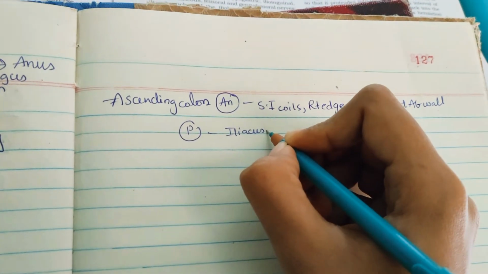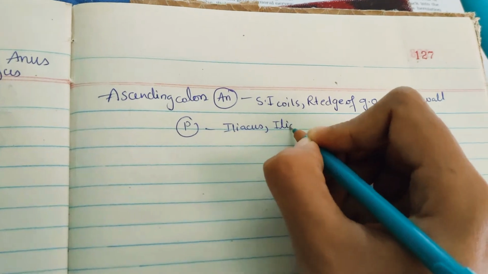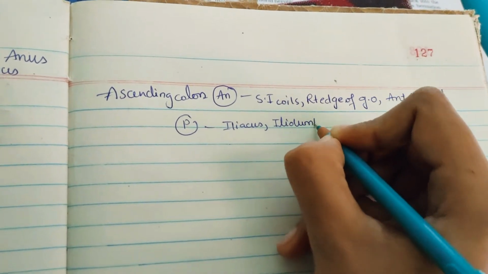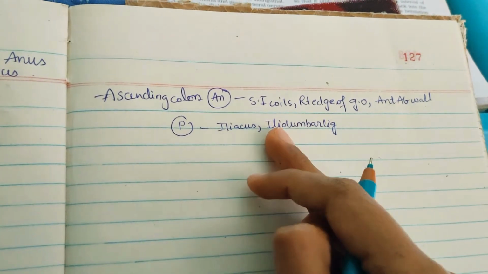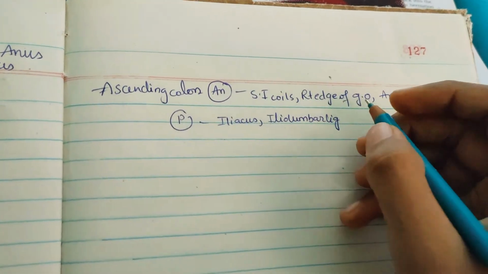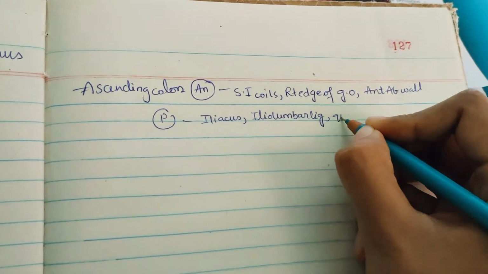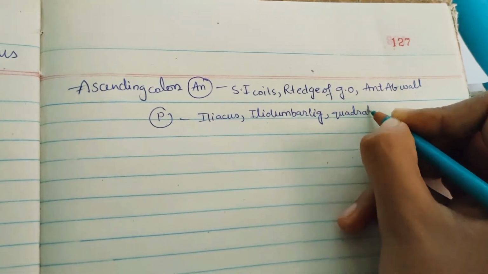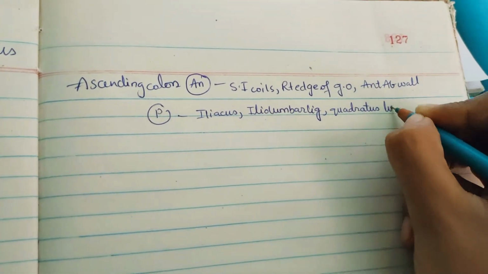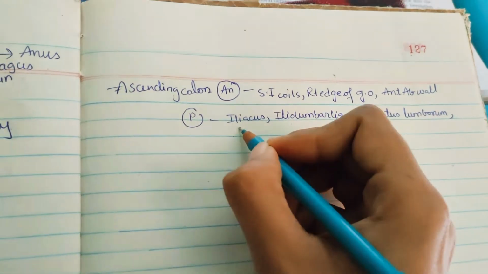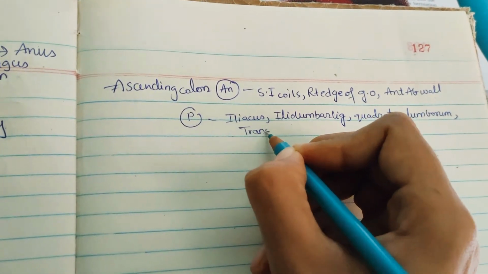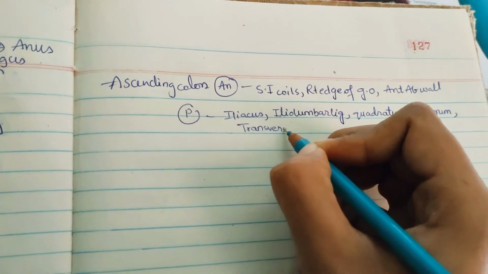Okay, and you'll have iliolumbar ligament. Okay, iliolumbar, which is going from ilium to lumbar. Okay, and you'll have quadratus lumborum, which is a muscle, right? Quadratus lumborum. You'll also have transversus abdominis muscle, which is an abdomen muscle, right?